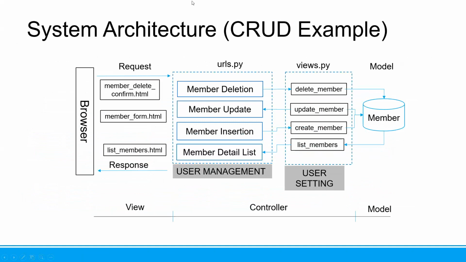We have the model. We have the model means this is the database. This is the data that you want to put. This is the data that you want to save. This is the repository. And whenever I want to do a kind of CRUD, create, read, update, delete, then I can define all the functions in the views.py.